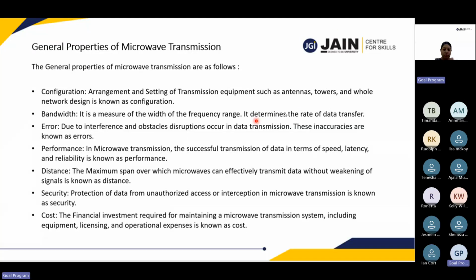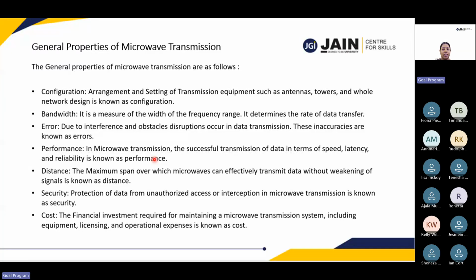Okay, we will proceed now. Here we will see the general properties of microwave transmission. Configuration means the arrangement and setting of transmission equipment, the equipment using which we transmit data from one location to another.